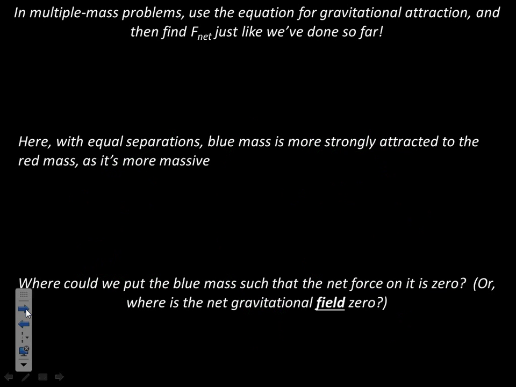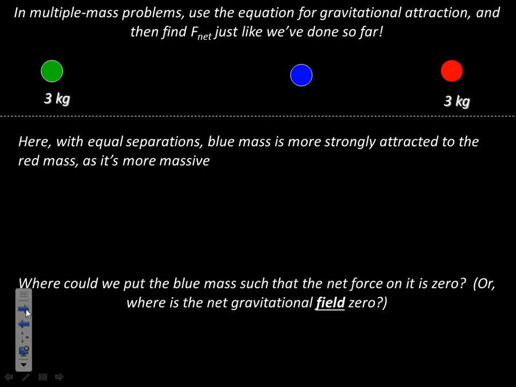Now, instead of doing what we call a two-mass problem like this, we can do what we call multiple mass problems. All right, and so we could look at a case like this. There's a blue mass in between these two other ones, and let's figure out the net force on it. Well, the green mass exerts a force on the blue one like that. I'll call this 1, and I'll call this 2.